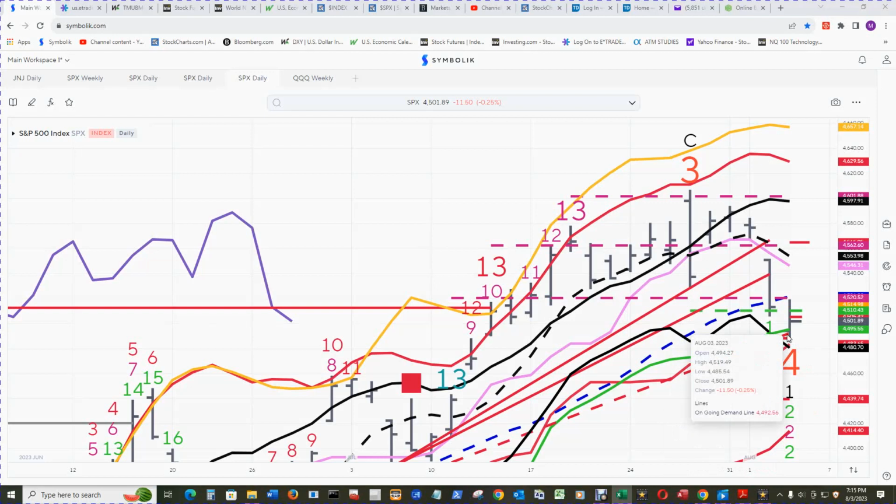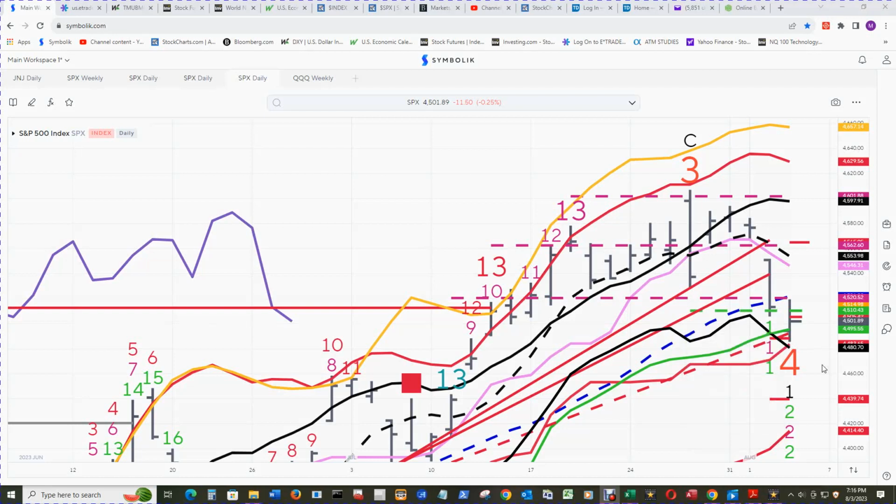And this ongoing demand line for the 4th is at 4498.65. So price would need to open below it and close below it for end of day on the 4th, and it will become qualified.